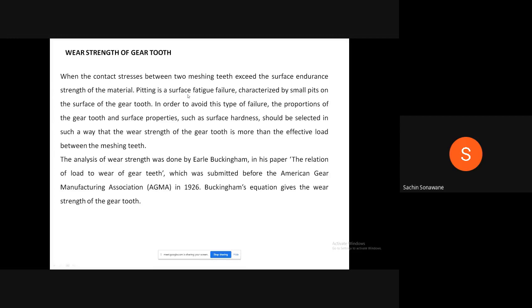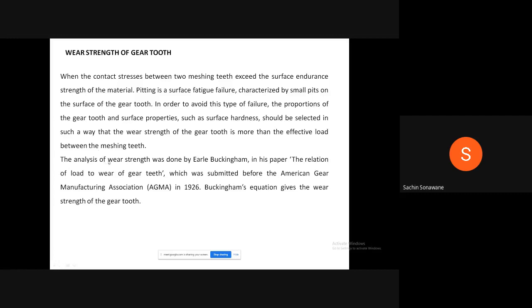Pitting is a surface fatigue failure characterized by small pits on the surface of the gear tooth. In order to avoid this type of failure, the proportions of the gear tooth and surface properties, such as surface hardness, should be selected in such a way that the wear strength of the gear tooth is more than the effective load between the meshing teeth.